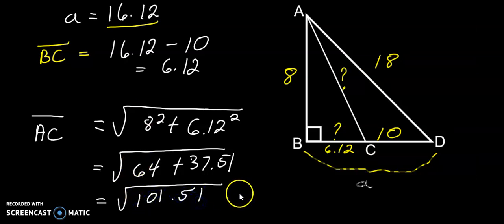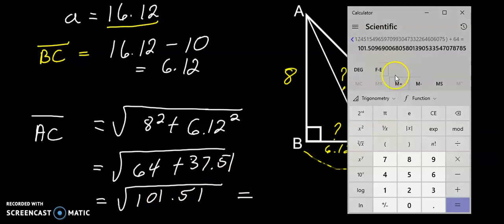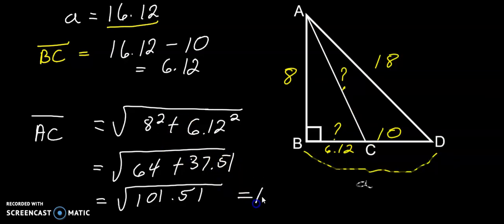The square root of 101.51 is a little bit more than 10, right? Because 10 times 10 is 100. If I take the square root of this number, it's 10.08. My final answer here is 10.08, and that's the measure of this one here.